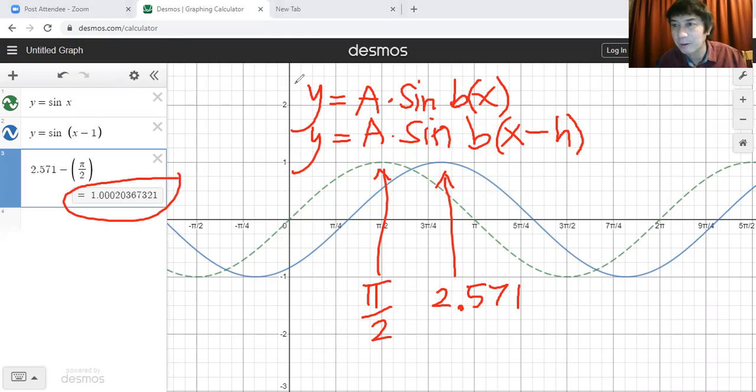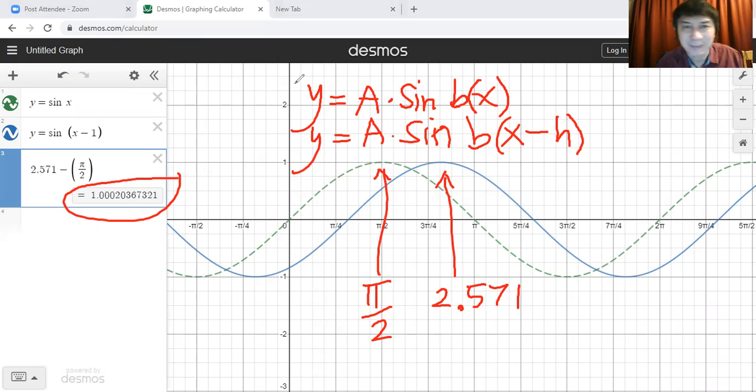So the blue graph is actually the second graph, with the horizontal translation to the right by 1 unit. This is what you call the phase shift. Now, if you subtract a negative number, then the blue graph will be to the left of the hidden line graph, the green graph.